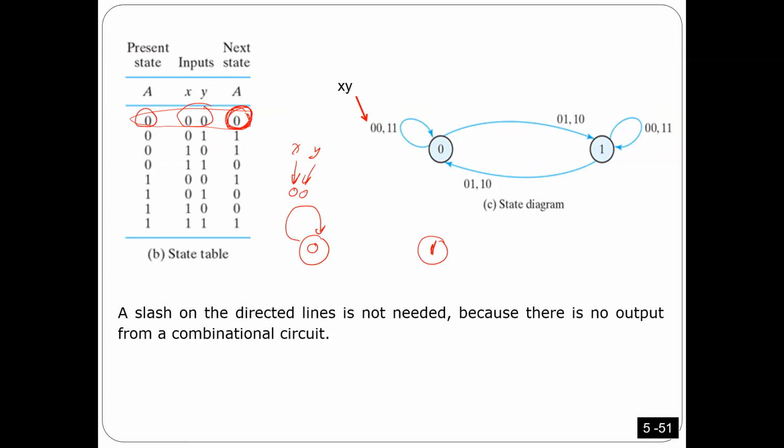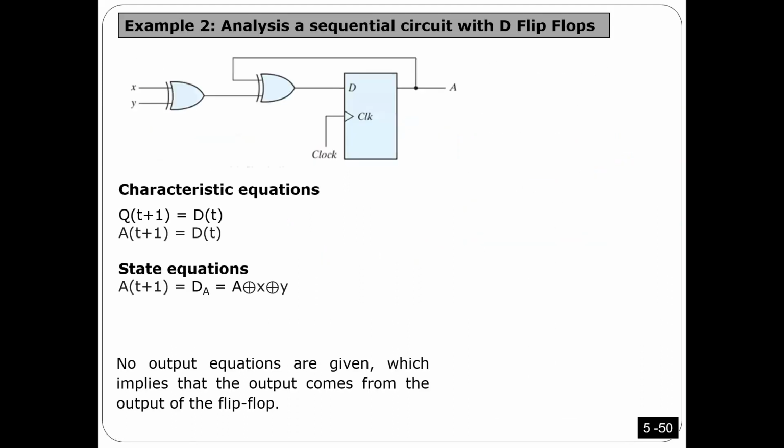Let's look at the next one here. It is telling me that if you are in state 0, you are going to go to state 1. So I'm going to come here, and when the input is 0, 1, I'm going to write 0, 1. Because I have two inputs here, not one, don't be confused. This is a very simple thing.